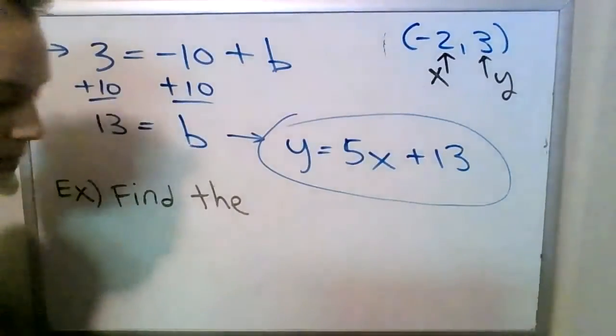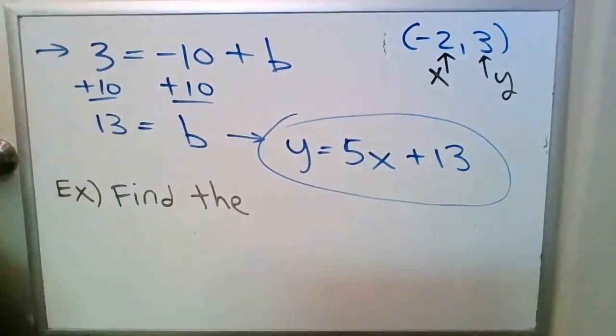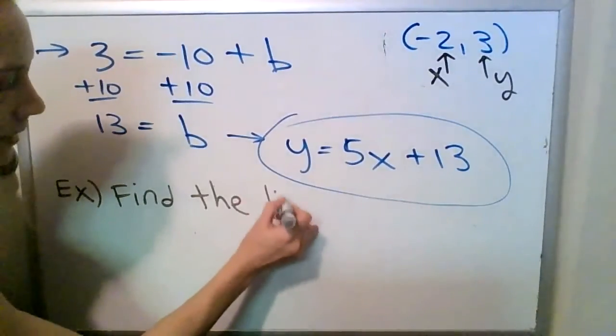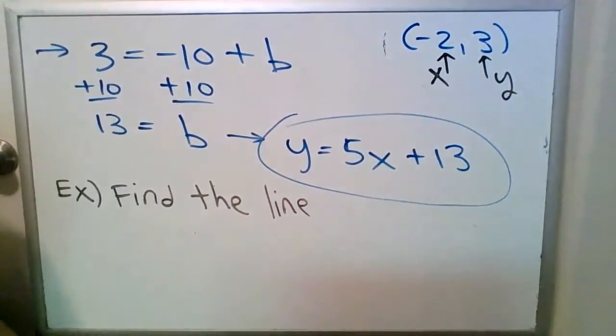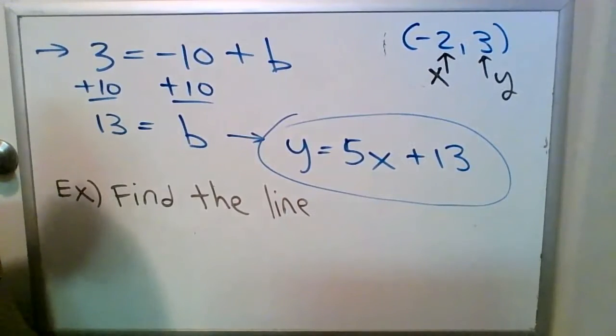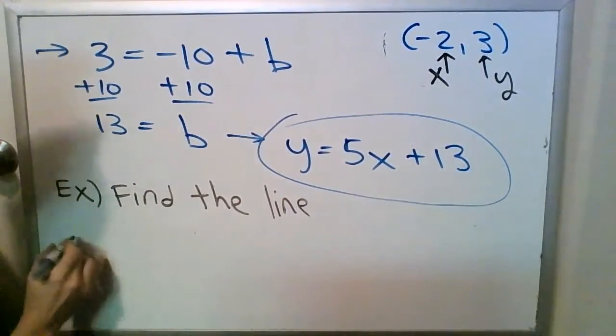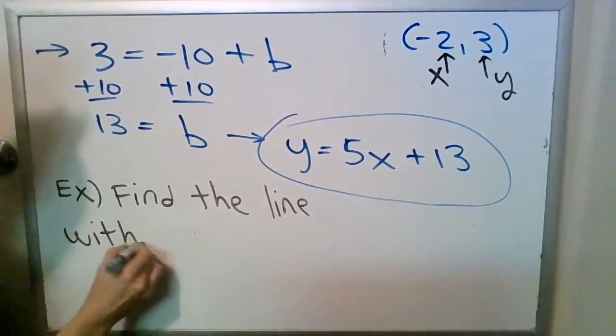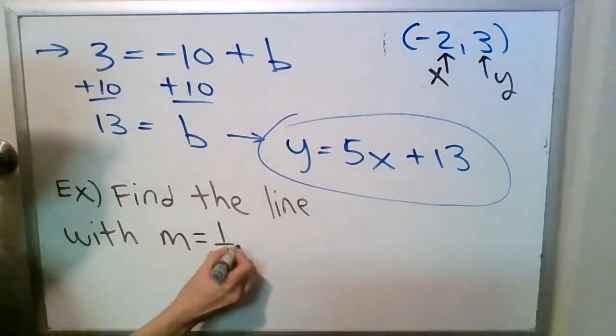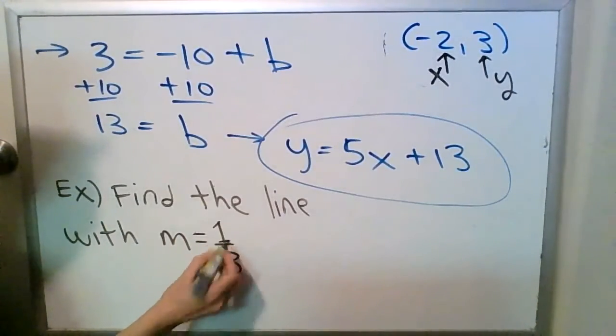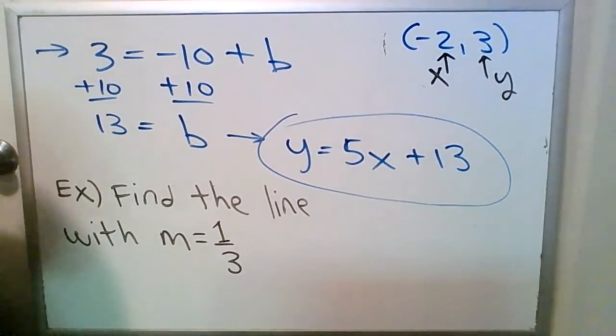Okay, so we're back to the line with a slope of m equals 1/3, and it goes through the point (9, -3).